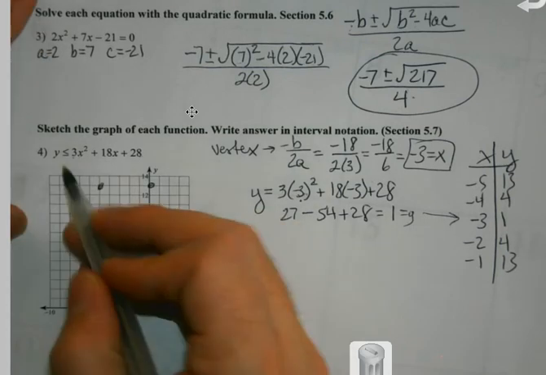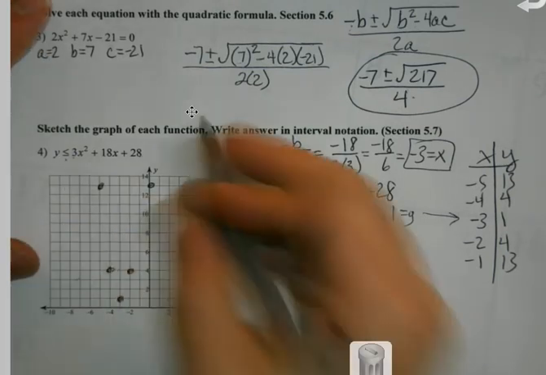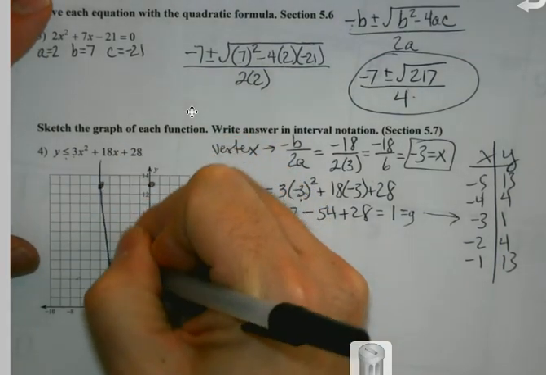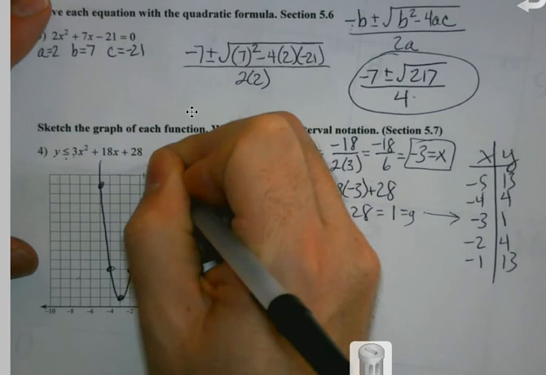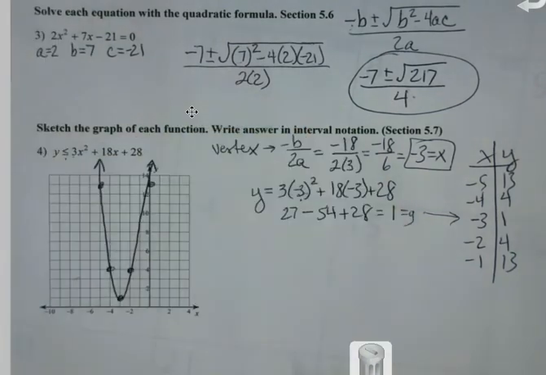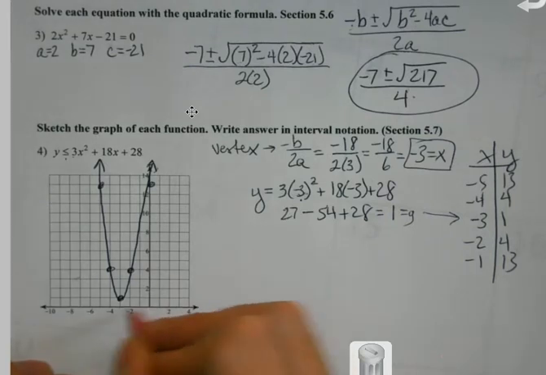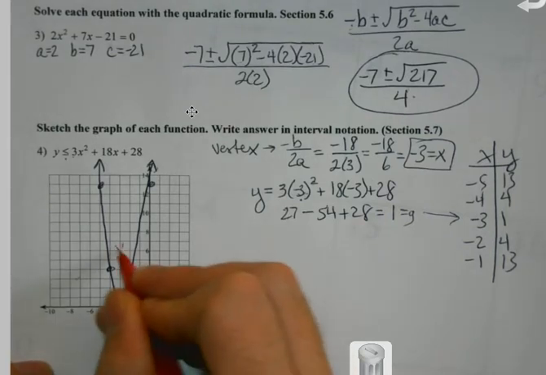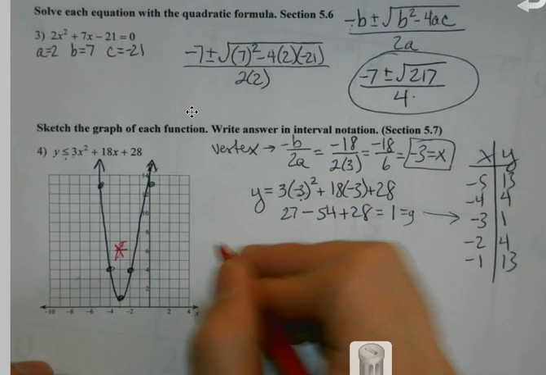I notice a couple of things. It's or equal to, which means I'm going to have a solid line going through there. If it were just less than, it would be dotted. And remember before we talked about using a test point. We could use something inside, let me see how this works. So like let's say I use negative 3, 6, because I want to be right in the middle here.